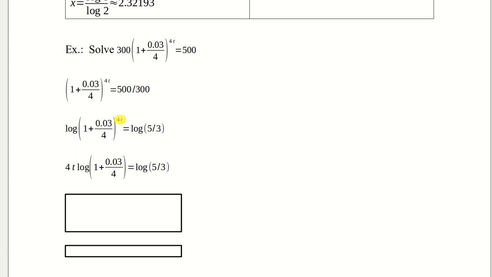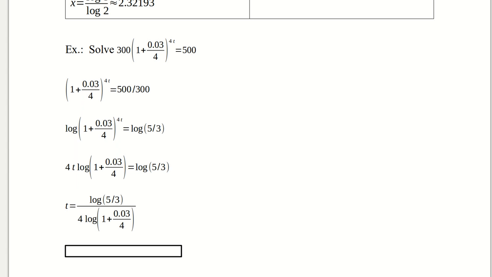Now, of those two factors in the exponent, I'm really only interested in getting the t by itself. Notice that the 4 and the log are attached by multiplication. So no great surprise, the next step we're going to divide. We're going to divide by two things. So when you put this in your calculator, either use parentheses downstairs or divide twice.